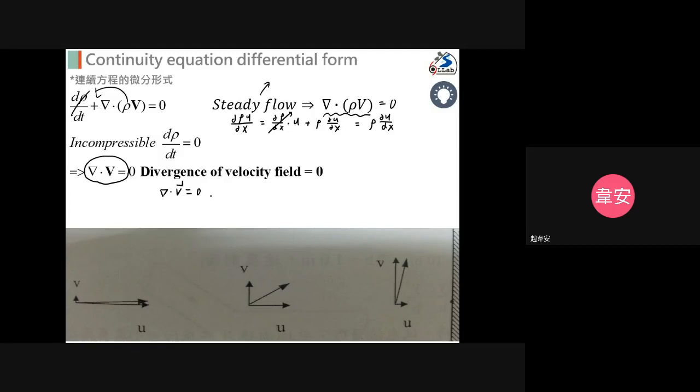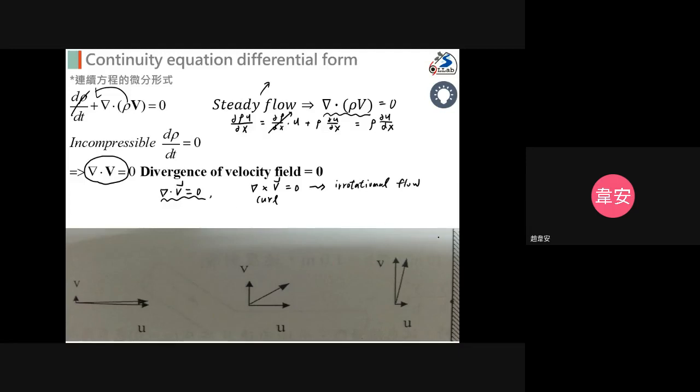As you remember, I told you the curl operator of the velocity field equal to 0 means the flow is irrotational flow, right? But now we have a new idea for the divergence of the velocity field. So this is very useful to describe the velocity field.